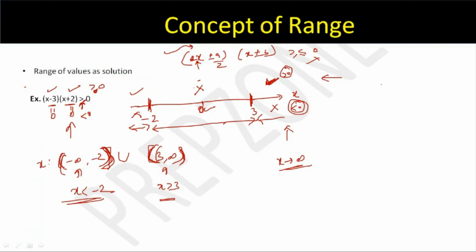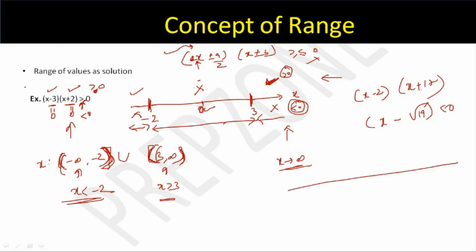If this would have been, say, x minus 2 into x plus 17 into x minus root 19 less than 0, how would you have done it? The zeros are -17, 2 and root 19. -17 will be the least one. So plot -17 here, then 2 here. Root 19 is of course greater than 4, so root 19 will be something here.